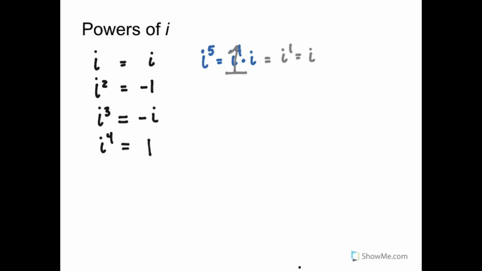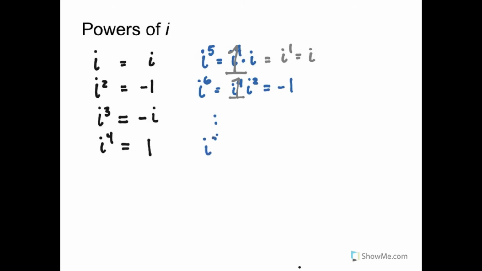It's equal to i. And i to the 6th, if we think of it as having an i to the 4th, which is just 1, then it's i to the 4th times i squared. And so 1 times i squared is the same as i squared. It's negative 1. And so forth.